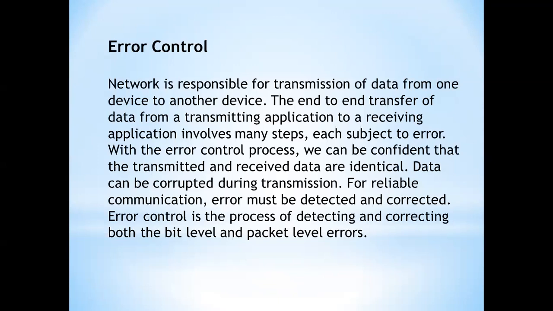A positive acknowledgement, ACK, indicates successful error-free delivery of a frame, whereas a negative acknowledgement, NAK, means that something has gone wrong and the particular frame needs to be retransmitted. Due to a noise burst, a frame may vanish completely. So the receiver does not receive anything and does not react at all.